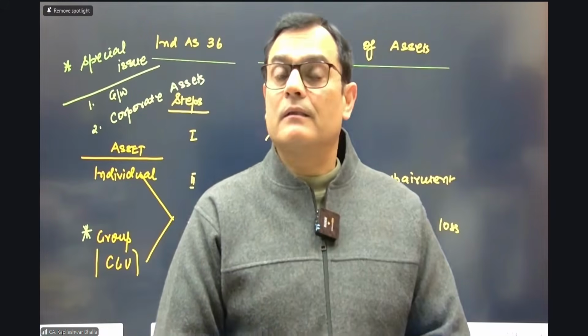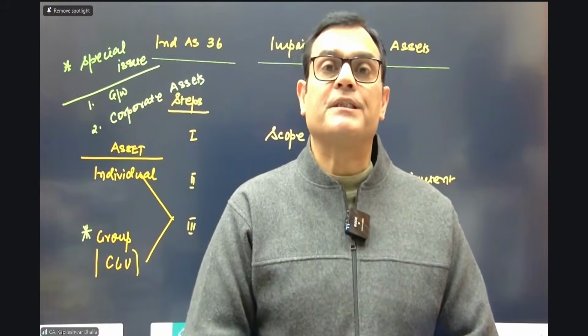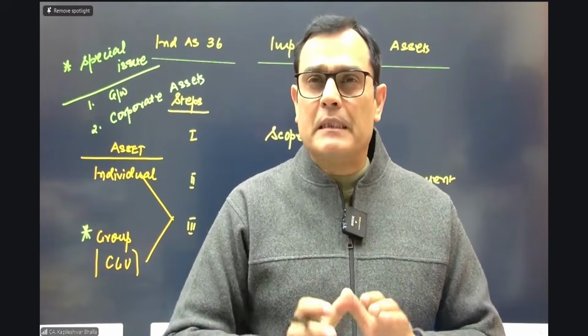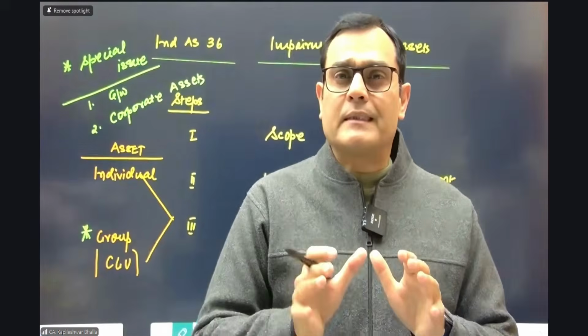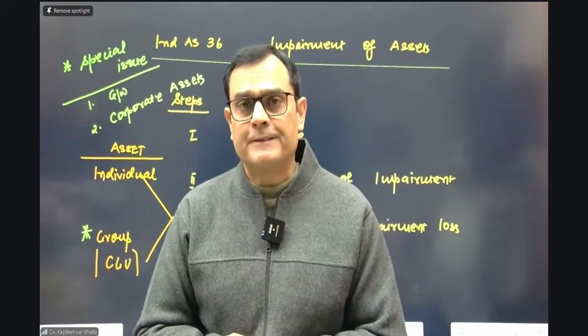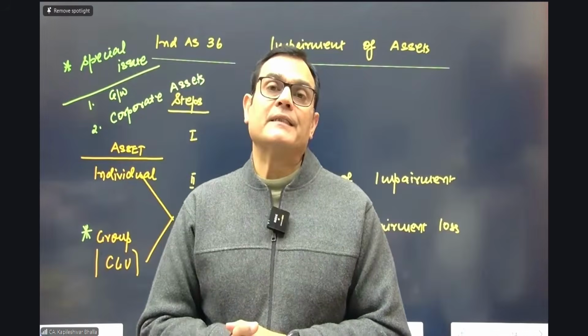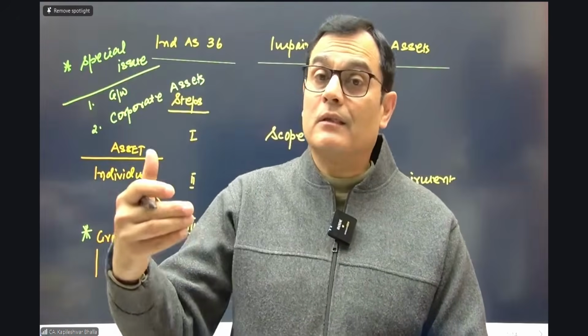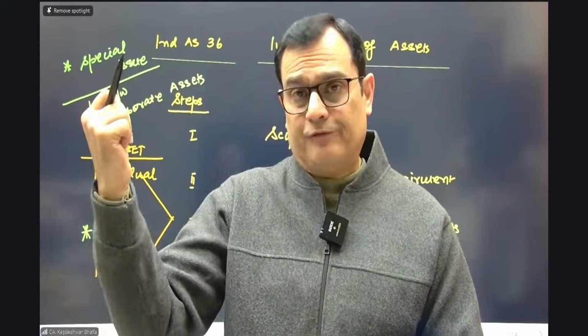How do you tackle the goodwill in terms of impairment testing? And how do you tackle the corporate assets in terms of impairment? Because neither goodwill is tested on a standalone basis, nor are the corporate assets. They're always tested along with the CGU itself.